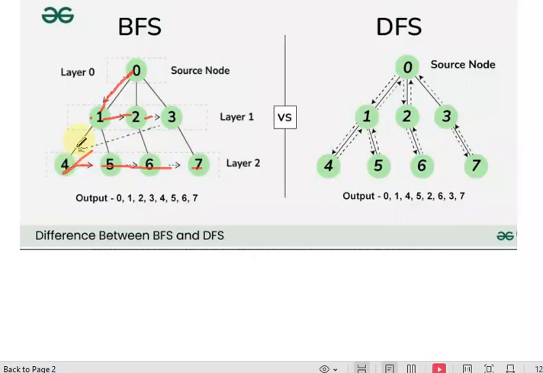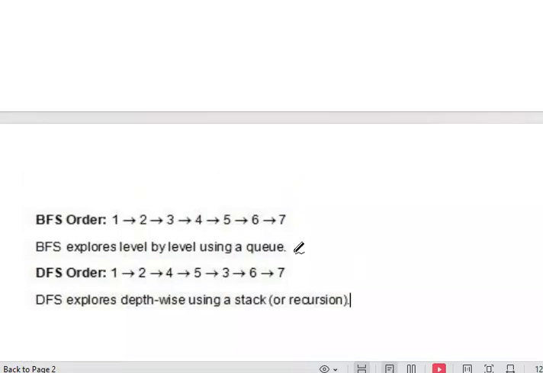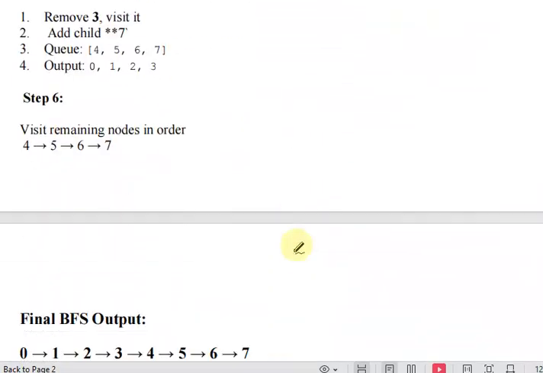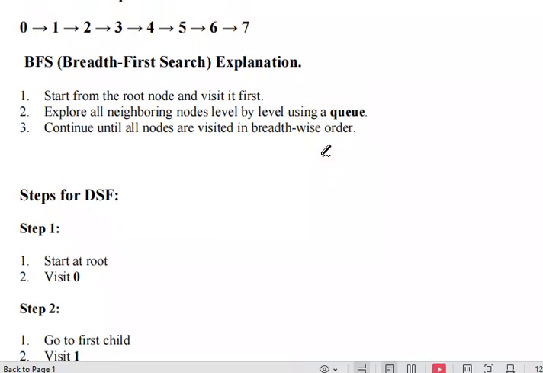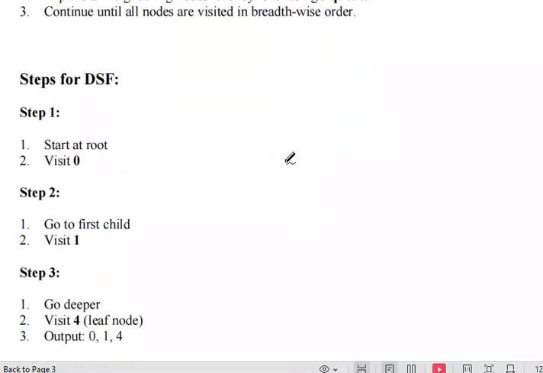From 1 we have added 4 and 5. When we are at 2, we have added 6. When we are at 3, we have added 7. And we will follow this path. So the final output is here: 0, 1, 2, 3, 4, 5, 6, 7. And the BFS explanation is what I have told you before.